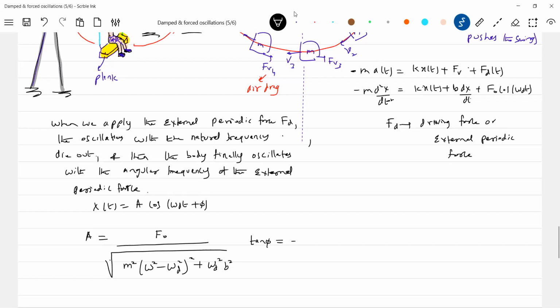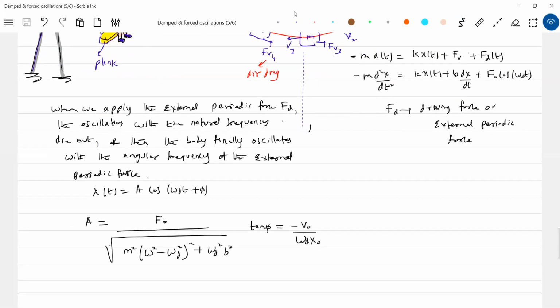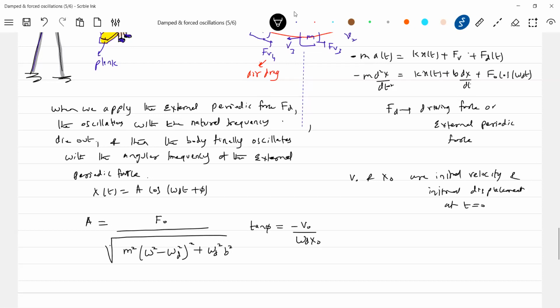Tan phi is given by minus v naught over omega x naught. What are v naught and x naught? v naught is the initial velocity and x naught is the initial displacement at t equal to 0. For the swing, you give it some initial velocity, that is v naught, and initially it is at some position, which is x naught.